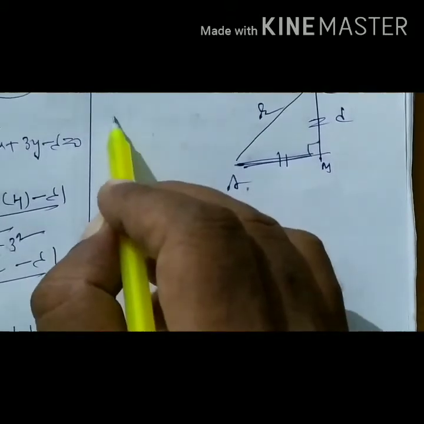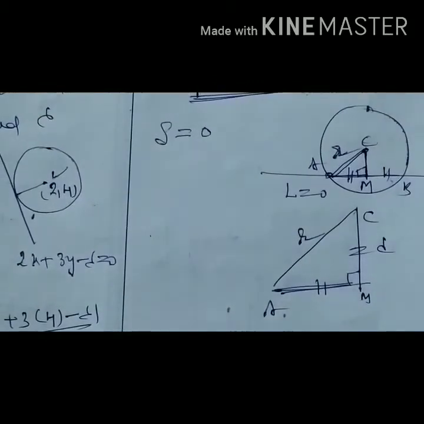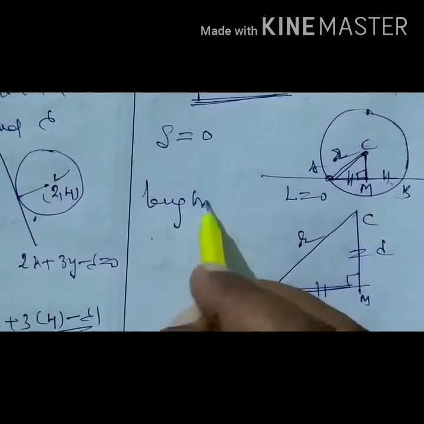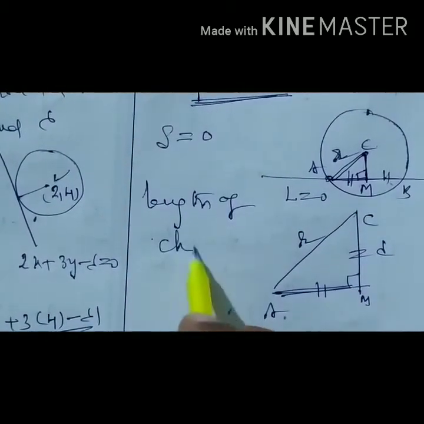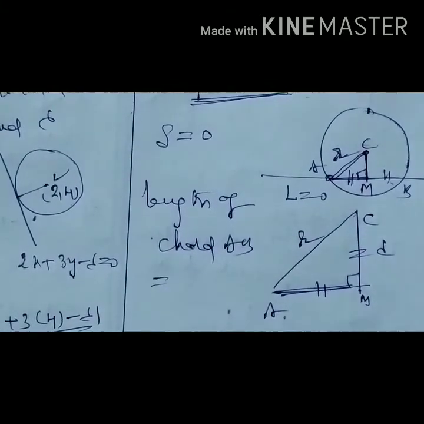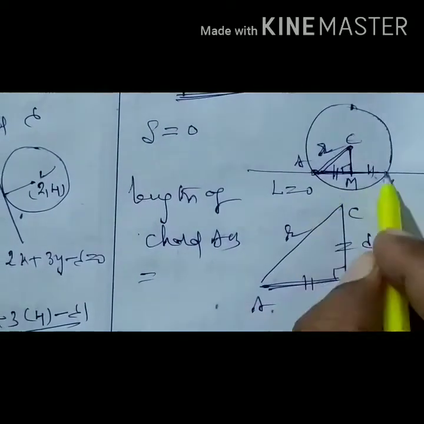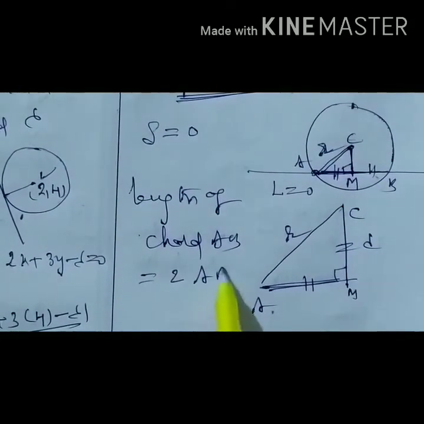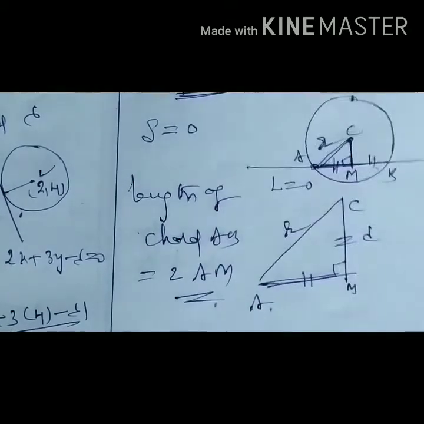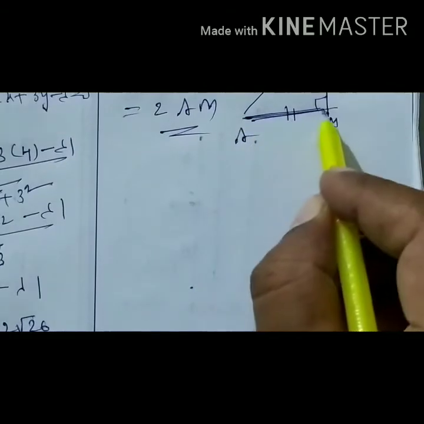Length of the chord AB is equal to 2 times AM. If we are able to find AM, then it is enough.